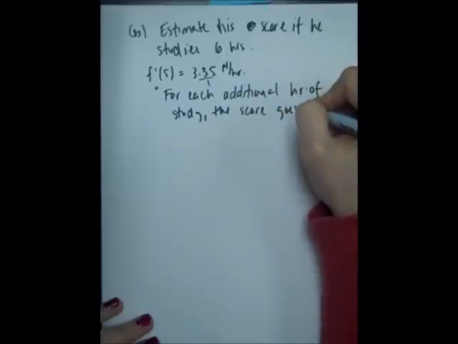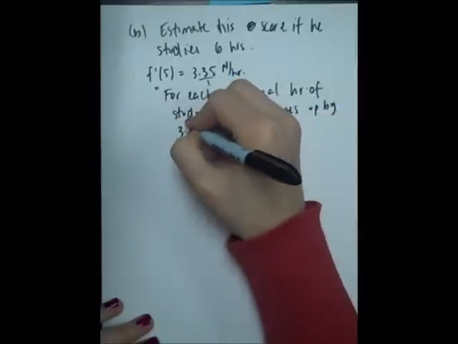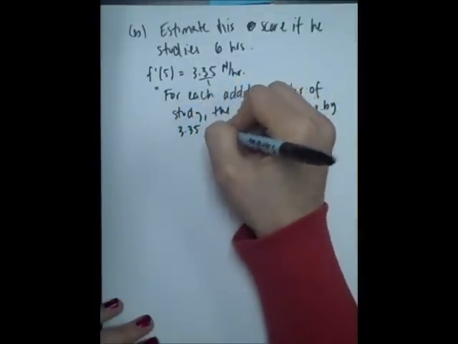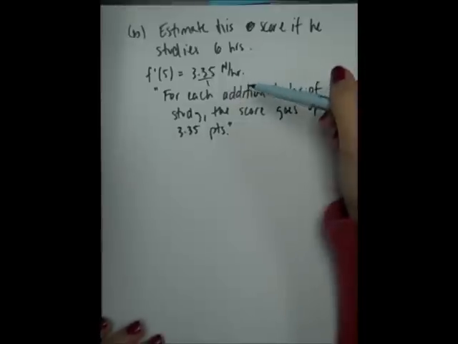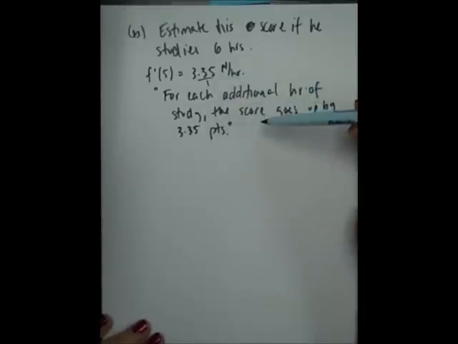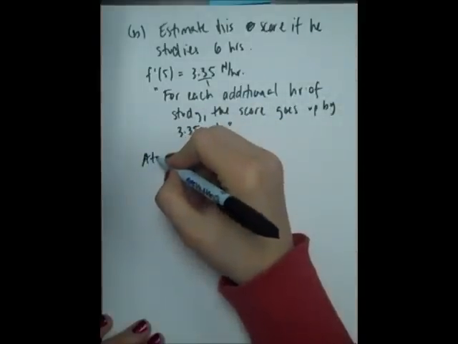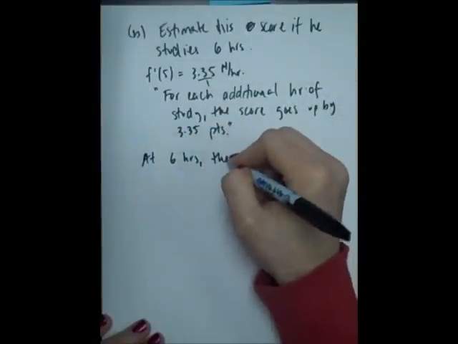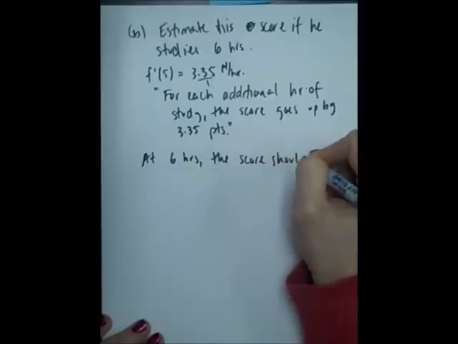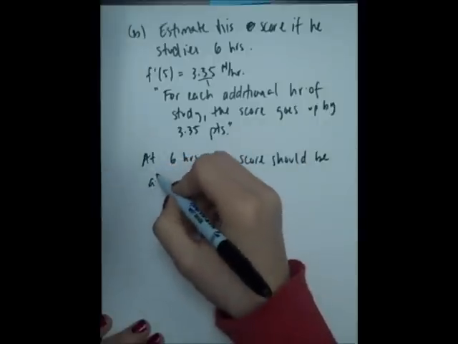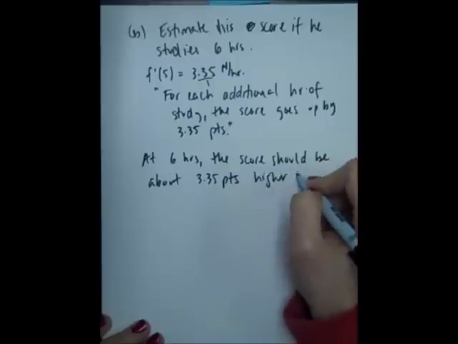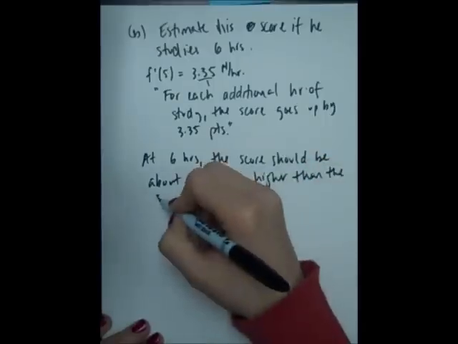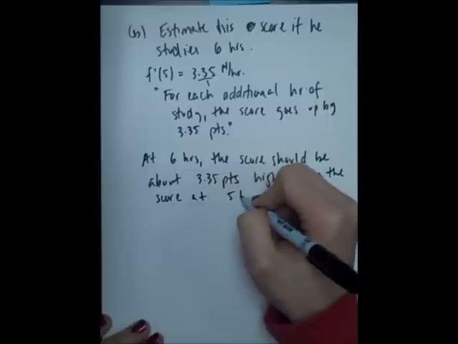So we're going to use that information to estimate what his score would be at 6 hours. So if we're going up by 3.35 points per hour, this means that at 6 hours, the score should be about, this is just all estimation, 3.35 points higher than the score at 5 hours.